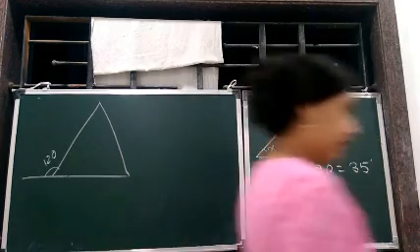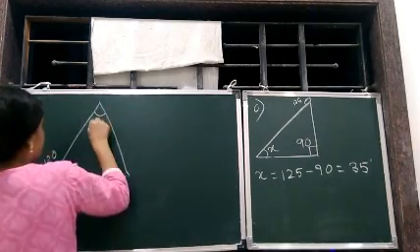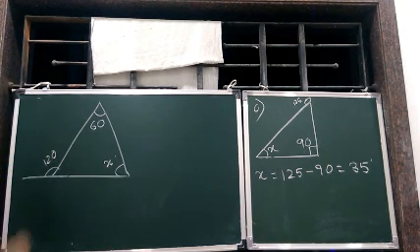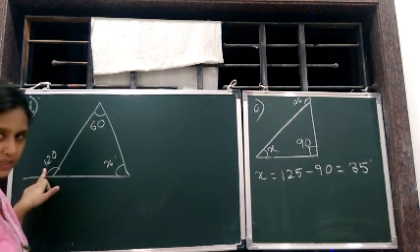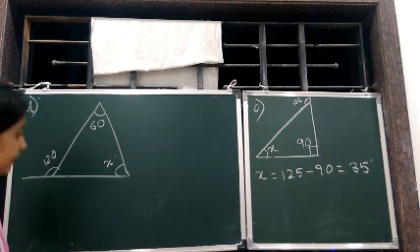This is 120. This is 60. This is x. Now, again you can see this is the exterior angle. ये खुला हुआ angle है, बाहर का angle है triangle का, इसलिए exterior angle है.